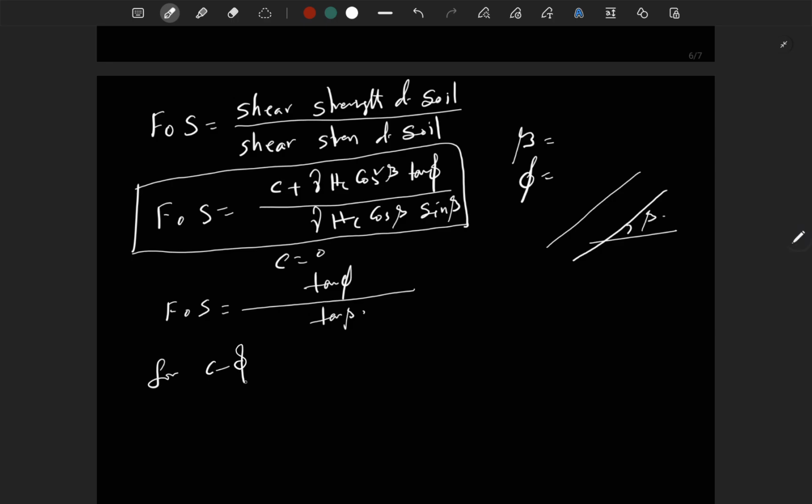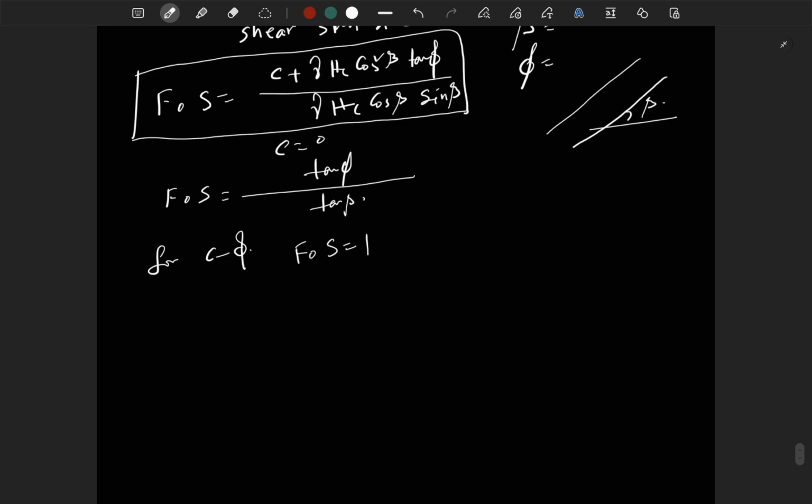For C-phi soil, in case of critical section, means when the factor of safety becomes 1, the soil is about to fail. In that case, the factor of safety is equal to 1. Put the same equation, C plus gamma z cos square beta tan phi divided by gamma z cos beta sin beta.